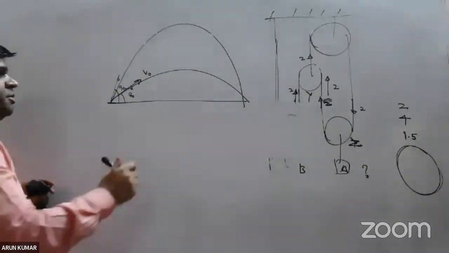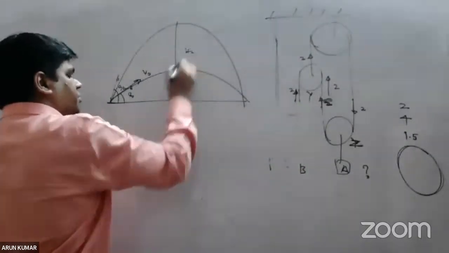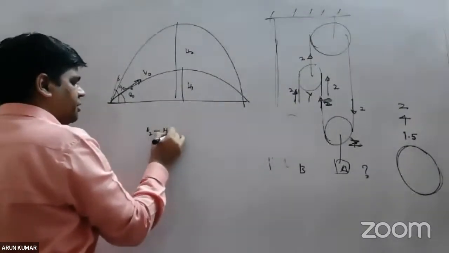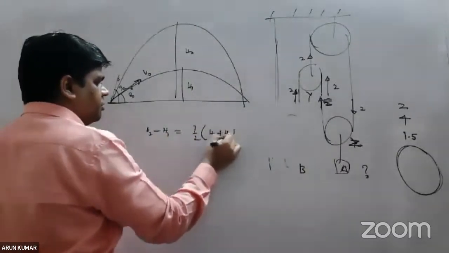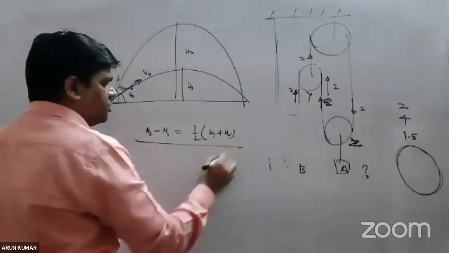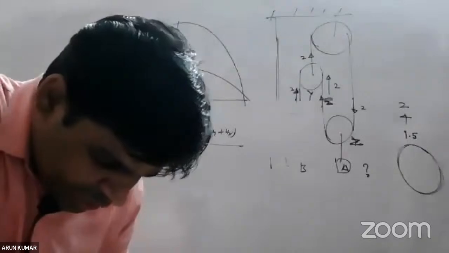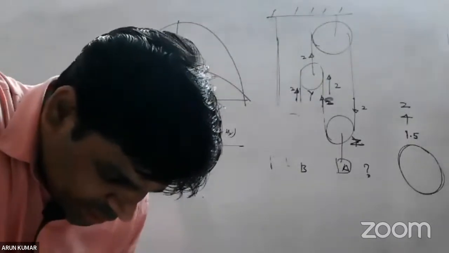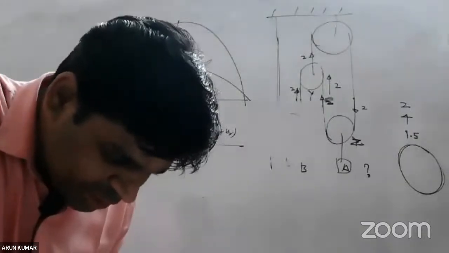Now he says, if this is H1 and this is H2, H2 minus H1 is equal to half of H1 plus H2. This is what he's saying. See, the maximum height reached by one exceeds the other by an amount equal to half the sum of the heights attained by them.